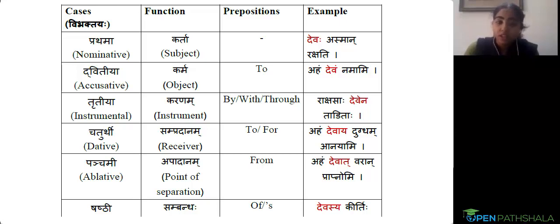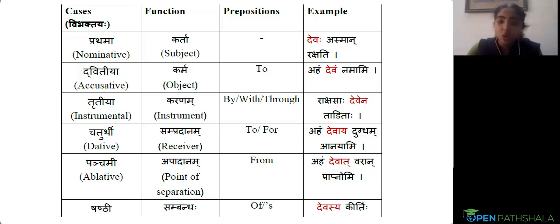And what are these senses and how are they used? That is what we are going to see today. These senses are called vibhakti. Each of the senses is called a vibhakti or case. Now there are 8 cases, I told you.